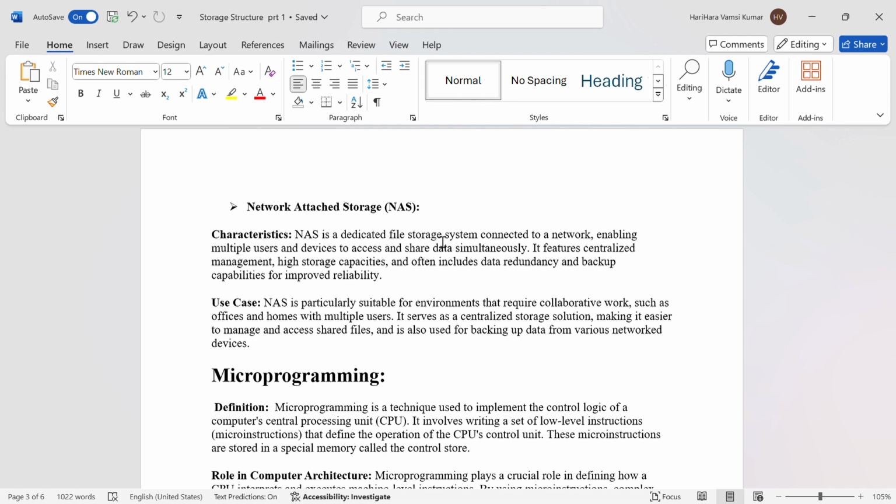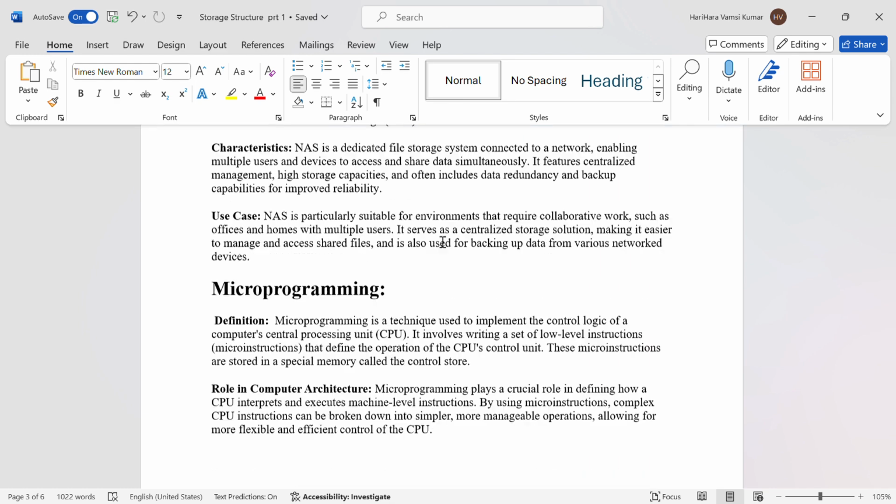Use cases: NAS is particularly suitable for environments that require collaborative work, such as offices and homes with multiple users. It serves as a centralized storage solution, making it easier to manage and access shared files, and is also used for backing up data from various networks and devices.